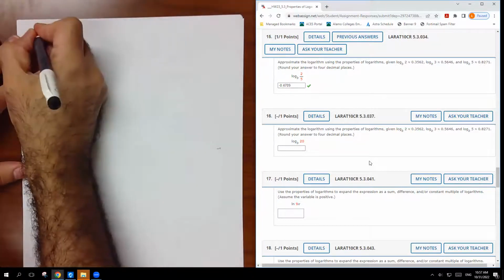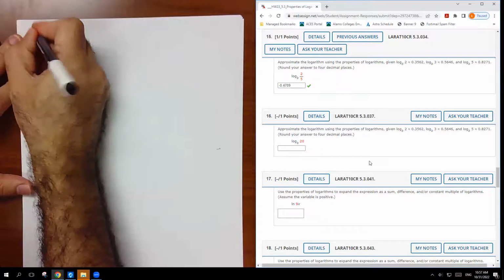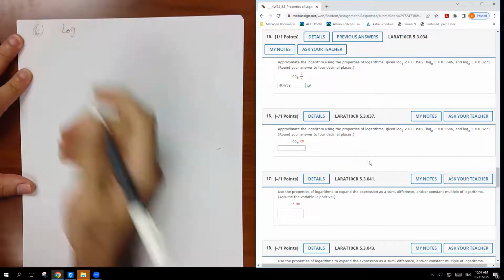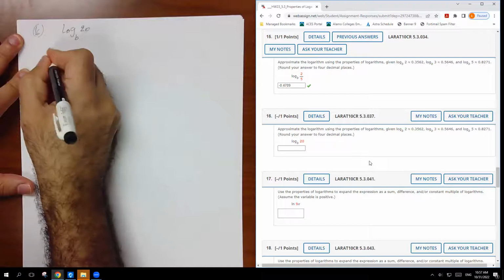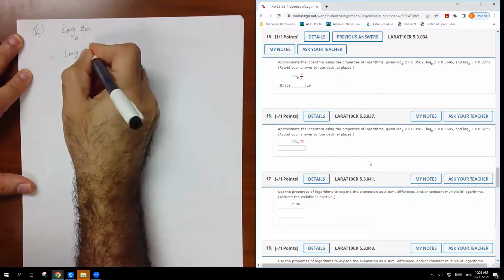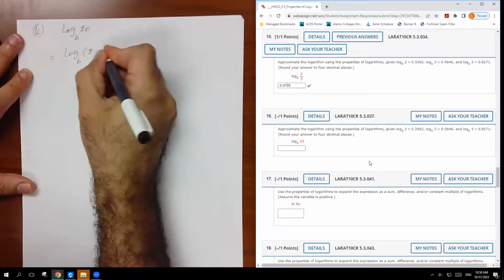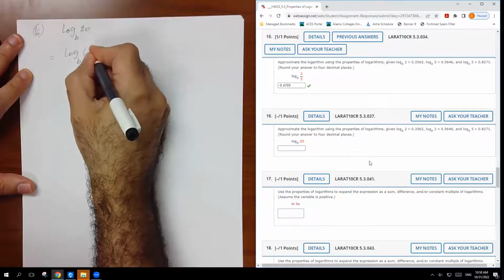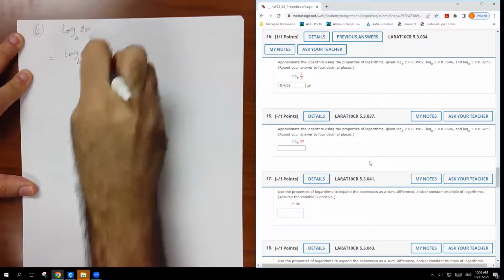For example 16, it's log to the base b of 20, which is going to be equal to log to the base b of, I'm going to say, 4 times 5, or 2 times 10. Yes, we can use this one, because 2 times 10 is 20. I can say it's 2 times 5, which is the same thing. Let's say 4 times 5.